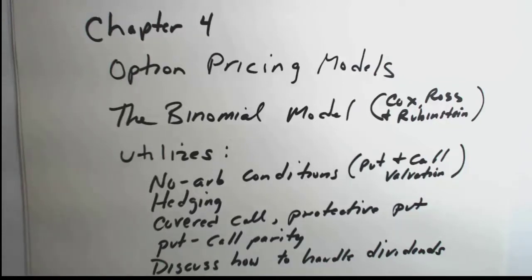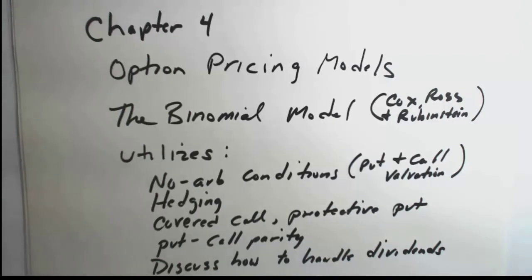How do you actually come up with it? We looked at boundary conditions and put-call parity, but in a lot of those cases we were given a put or a call price and just backed into the missing variable. But if you have a call price and you're missing a put price, where does the call price come from? That's what this chapter is about.